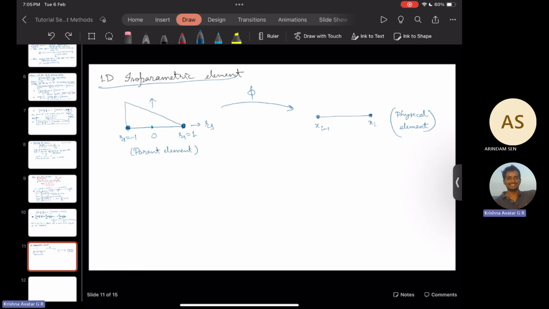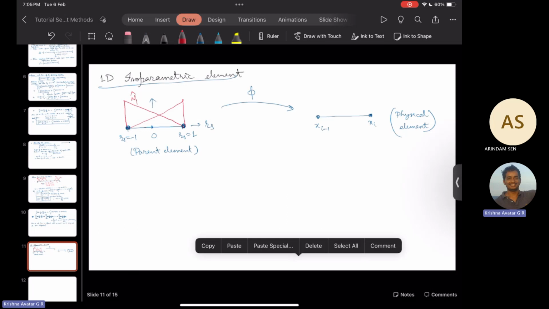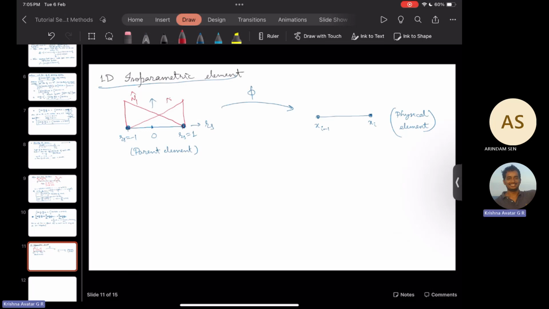And for now, let's just deal with linear elements. Let me use a different color. This is N1 hat, let me call it, to differentiate from N, and this is N2 hat. Both are functions of xi.